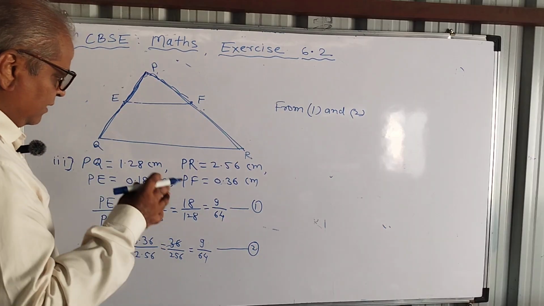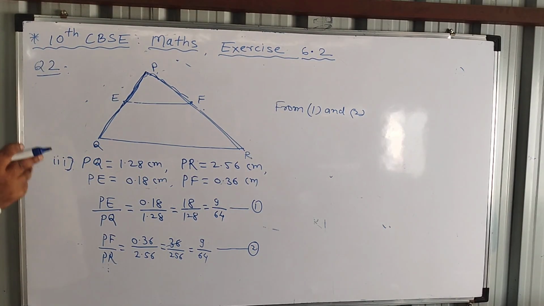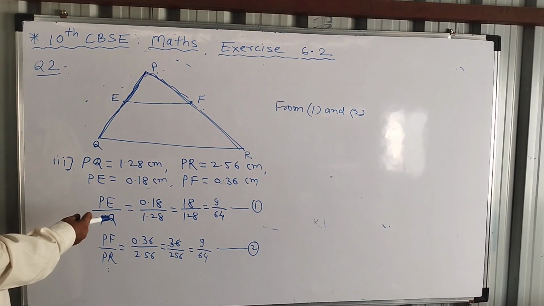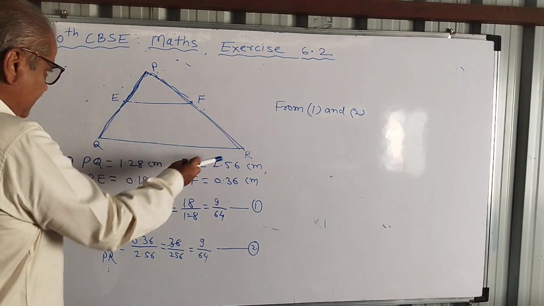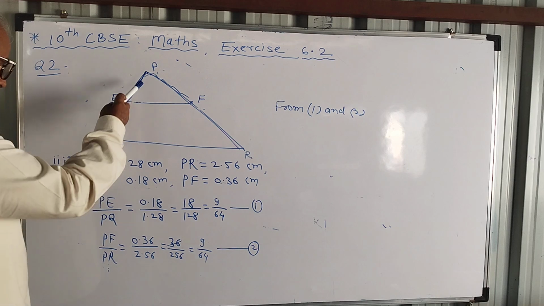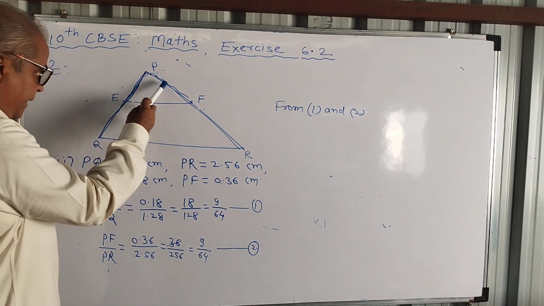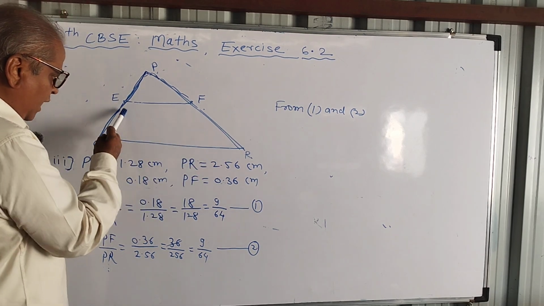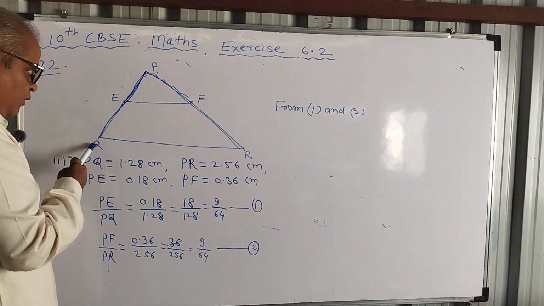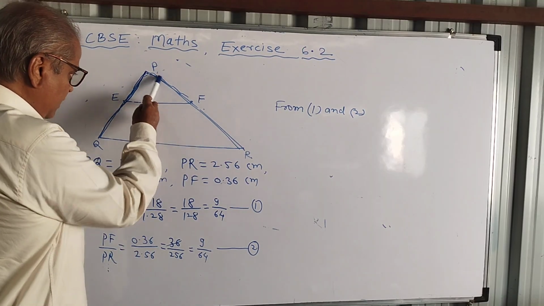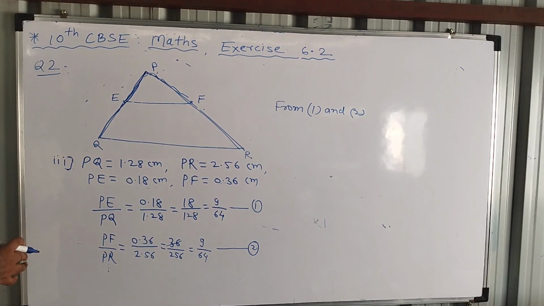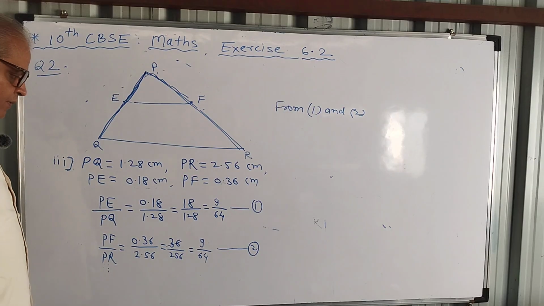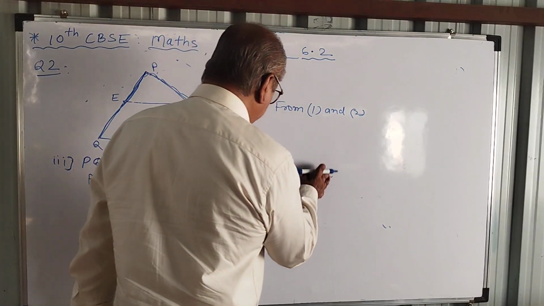This is the type of BPT you can use. Basic BPT says PE upon EQ is equal to PF upon FR, but you can use PE upon PQ, PF upon PR also, or EQ upon PQ is equal to FR upon PR. So as per the given, you need to decide which ratios are to be found out and then use converse of BPT.